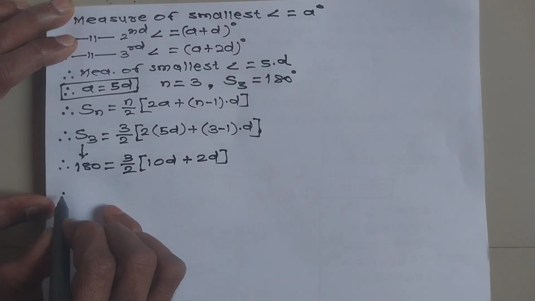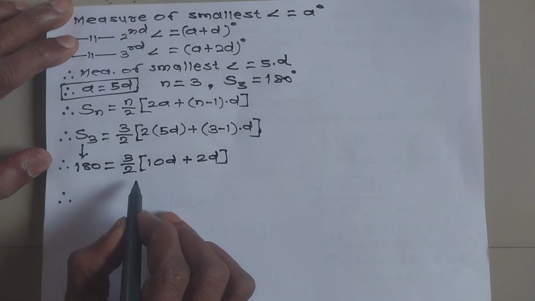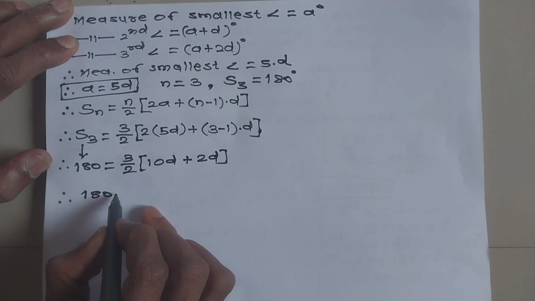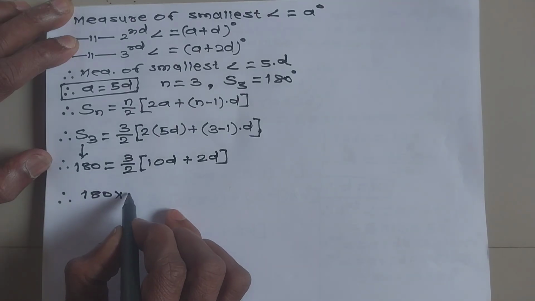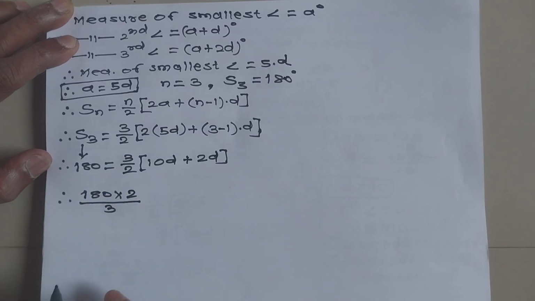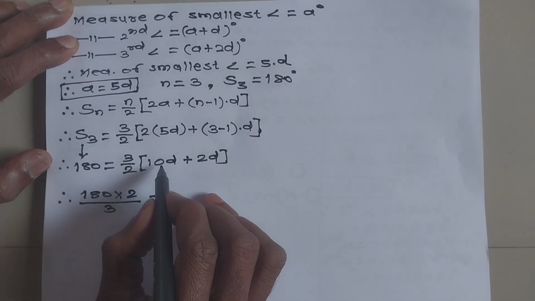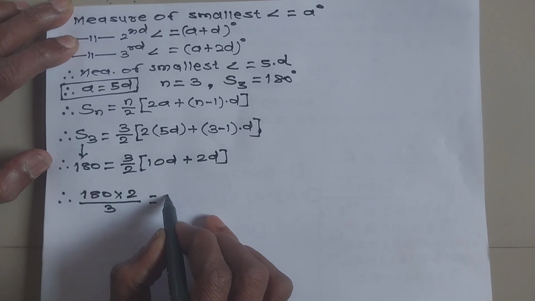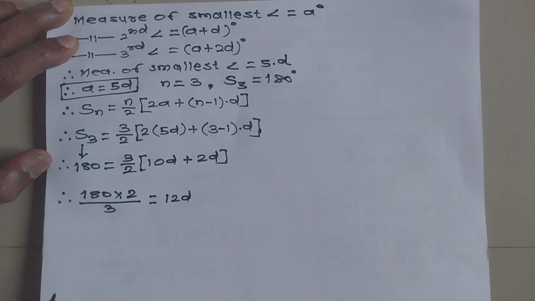Therefore we take this denominator to the left side: the denominator becomes numerator and the numerator 3 becomes denominator, is equal to 10d plus 2d, that is 12d.